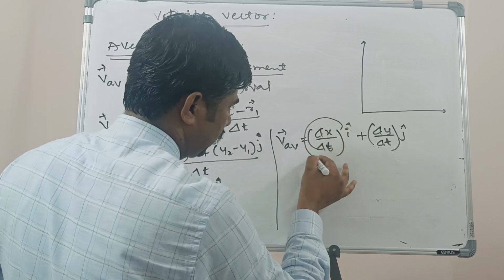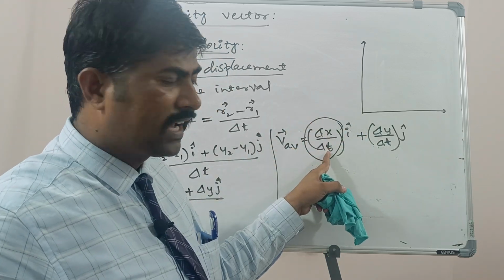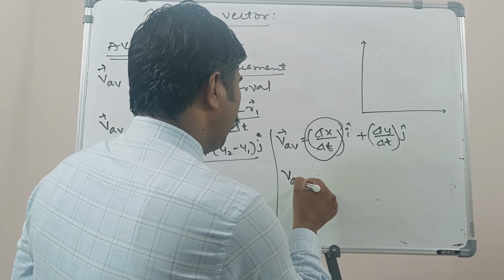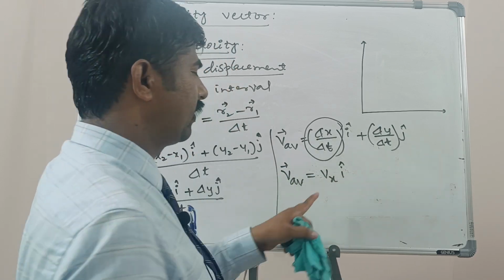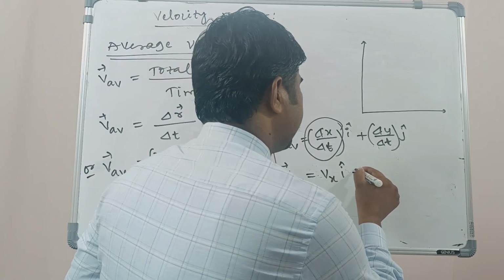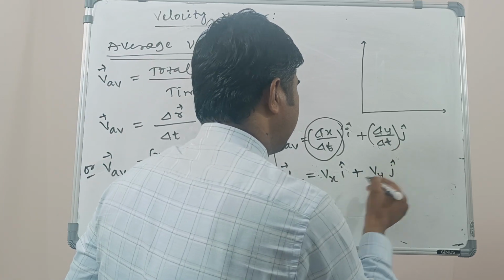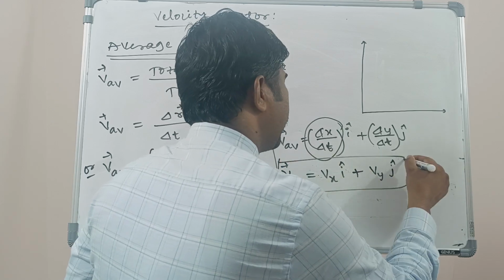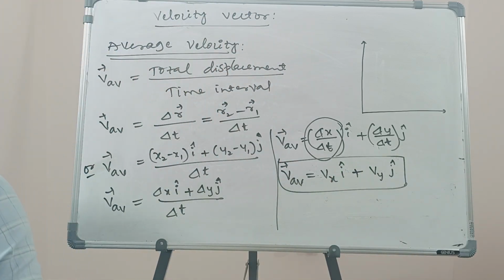The rate of change of position along the x-axis gives the velocity of the object along the x-axis, Vx i cap, plus the rate of change of position along the y-axis gives the velocity along the y-axis. So this is the average velocity of a given body.